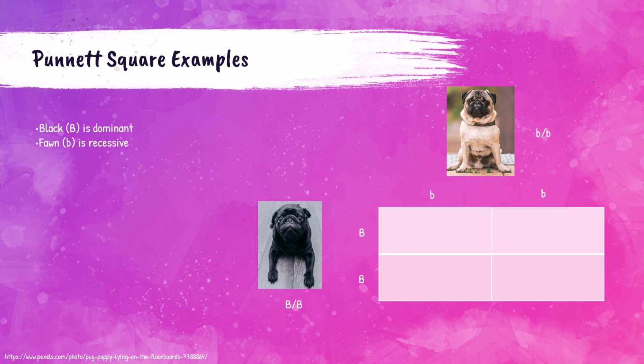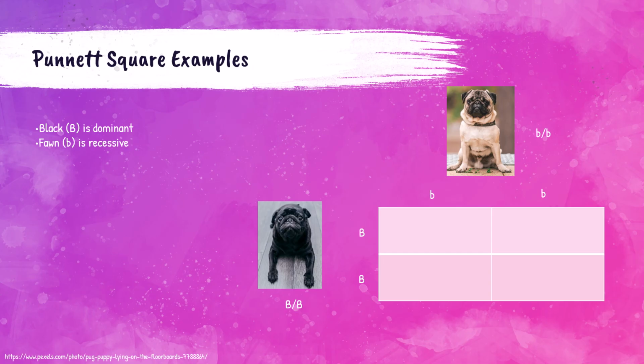Homozygous refers to the genotype, so that means it's 2 alleles of that big B, and the phenotype of that pug is, of course, black. And then we are going to breed it to a phenotypically fawn pug. So the phenotype is fawn, and the genotype is homozygous for little b. So it's homozygous recessive, meaning it has 2 little b alleles.